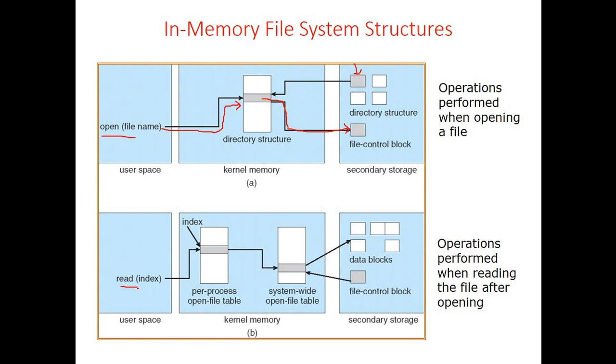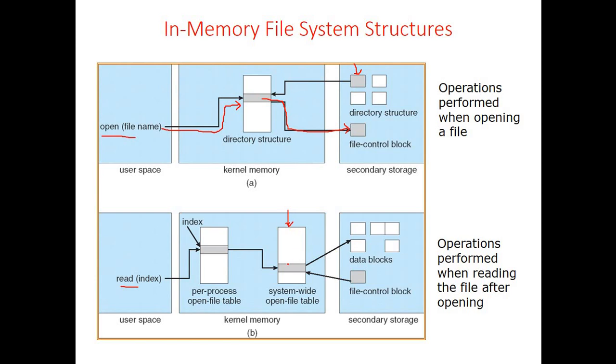When the system wants to read the contents of the file, first it will check the entry in the per-process open file table whether the file is already opened or not. If it is not open, then it will check the system-wide open file table to verify whether the file is in use by any other process.